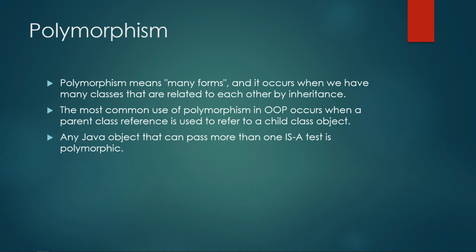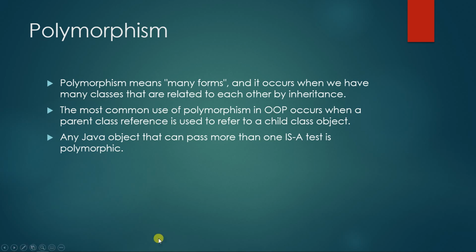Let's move on to polymorphism. Polymorphism means many forms, and it occurs when we have many classes that are related to each other by inheritance. The most common use of polymorphism in OOP occurs when a parent class reference is used to refer to a child class object. Any Java object that can pass more than one ISA test is polymorphic.